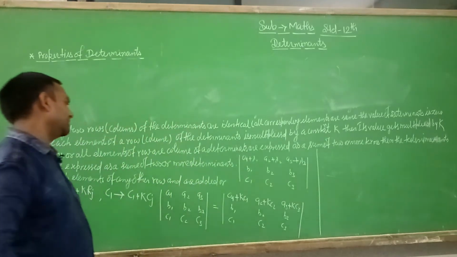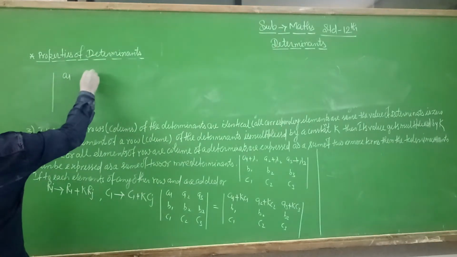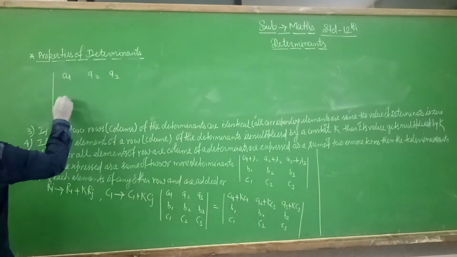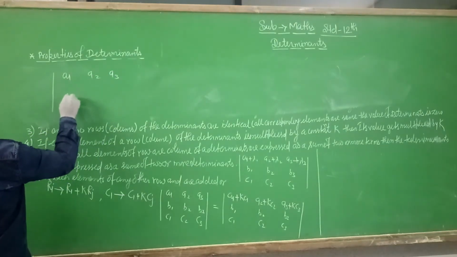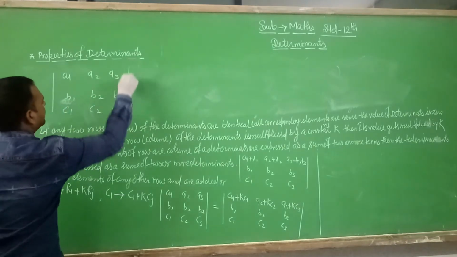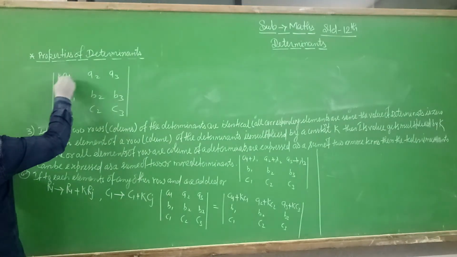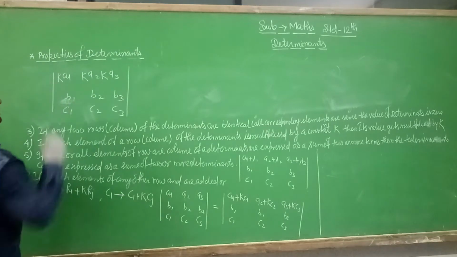Suppose that you have a determinant with a1, a2, a3, b1, b2, b3, then c1, c2 and c3. Suppose that you multiply a constant in any row or column. Suppose that here I multiply by k, and then k, and then k.